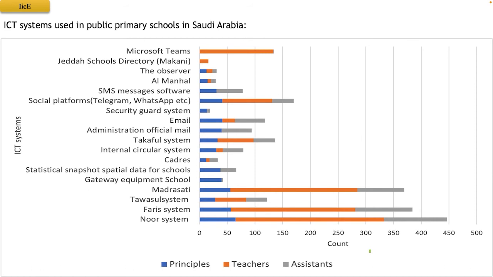As you can see in this chart, there are around 18 ICT systems. The three most used ICT systems in Saudi public primary schools are Noor, Faris, and Madrasati. Noor is a system for results and learning goals for the students and for the teacher as well.